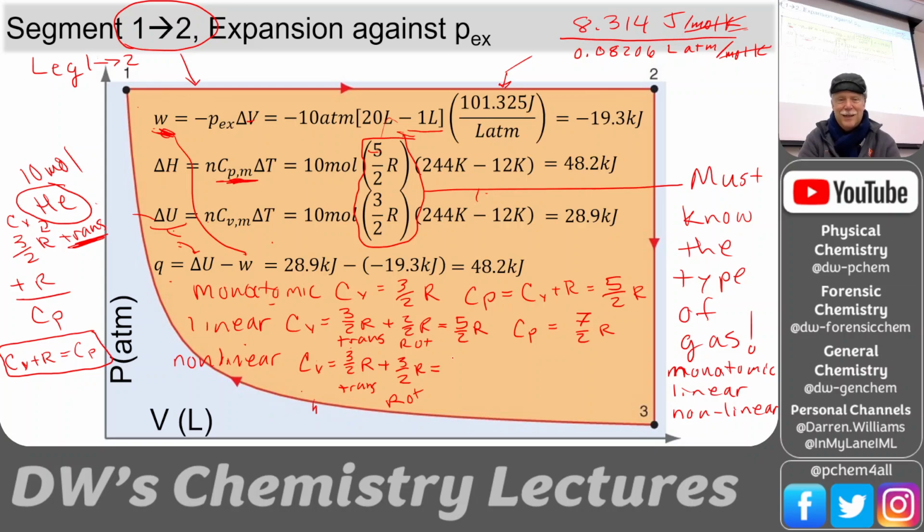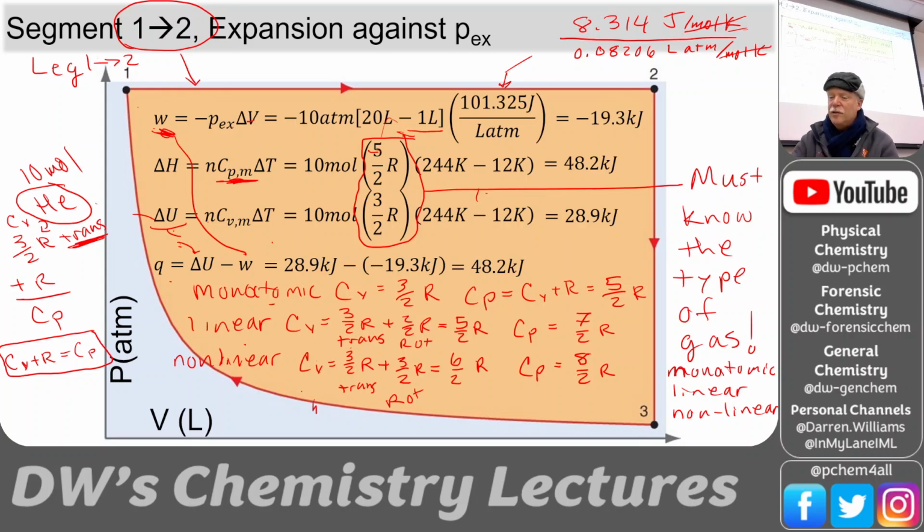And so this is 6/2. We could just say 3, right? But we'll say 6/2 just to keep it consistent. And then for CP, we add another 2, so it'd be 8/2 for nonlinear. So that's everything we could possibly come up with.